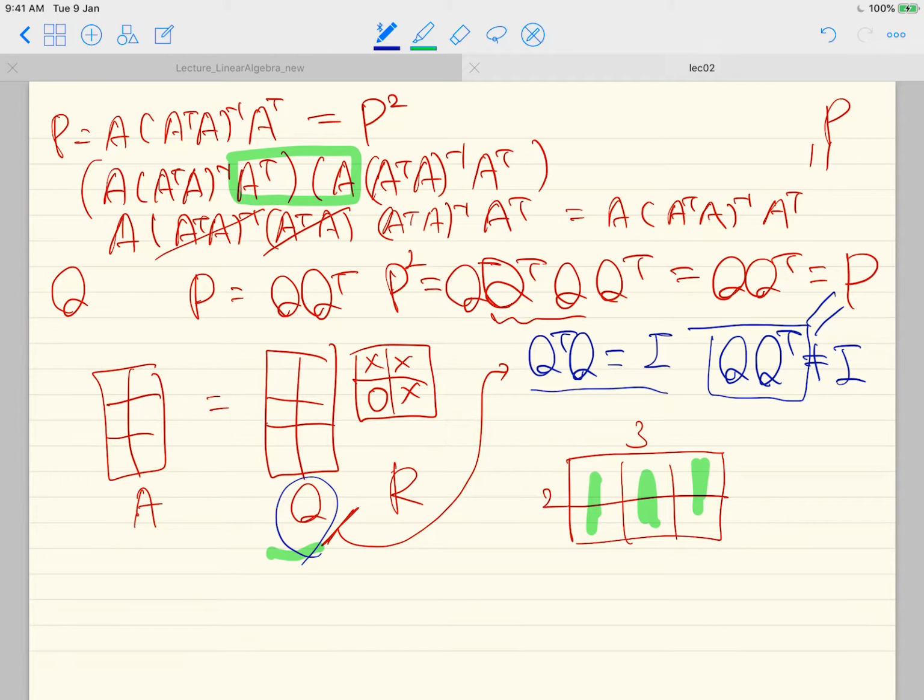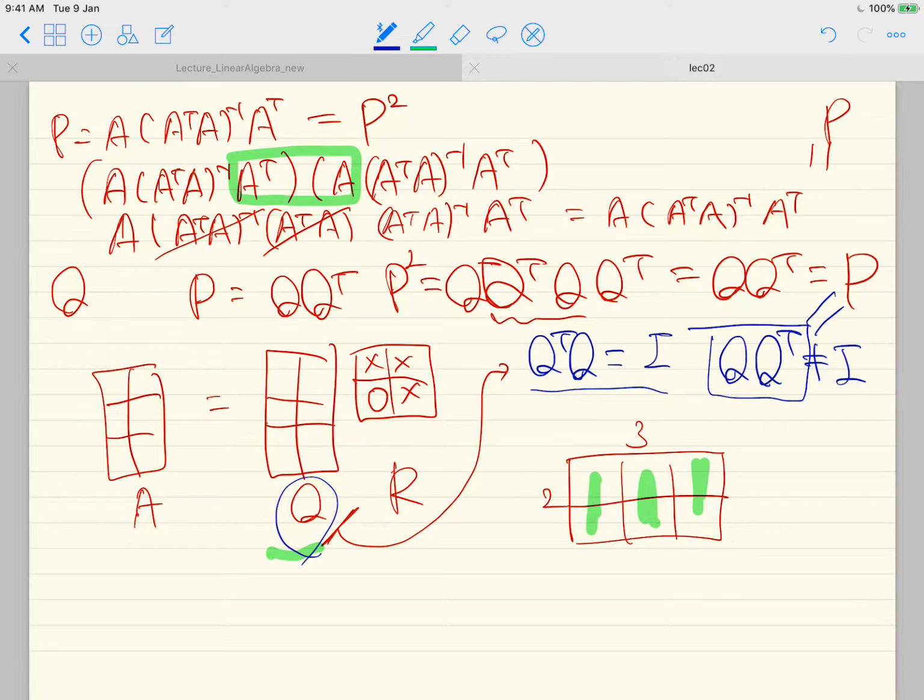P is the orthogonal projection of any given vector onto the column space of these two orthonormal vectors, right? So in the case of a rectangular matrix Q that has orthonormal columns, Q transpose Q becomes identity, and Q Q transpose works as the orthogonal projection matrix.